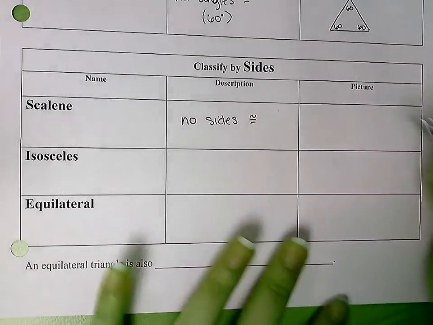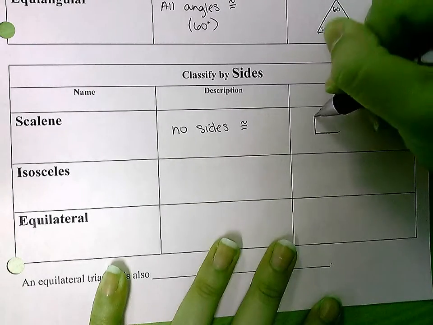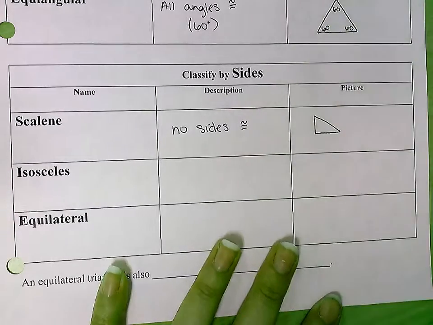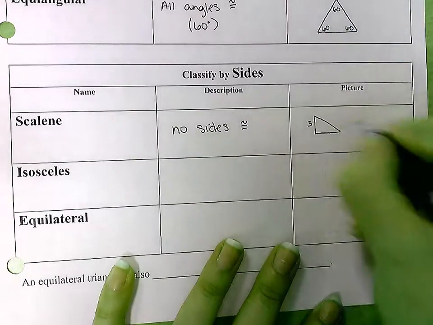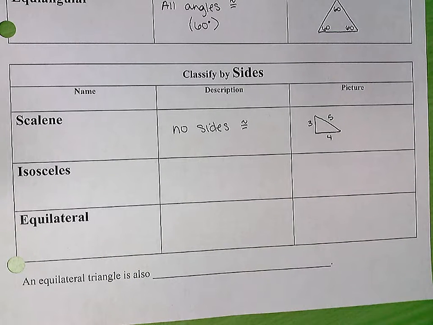A picture of this: if I draw this little triangle here, sorry, it's so small, I'm going to label each side a different length. If one side's 3, another's 4, and the last one's 5, all 3 of those sides are different lengths, so it would be a scalene triangle.